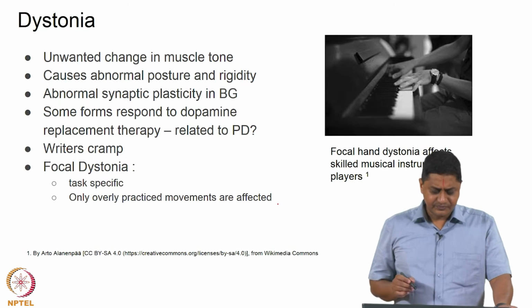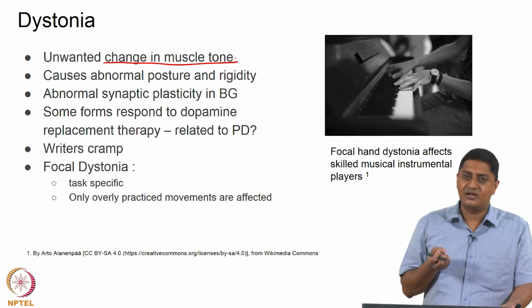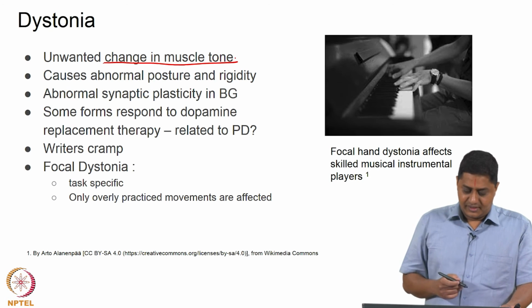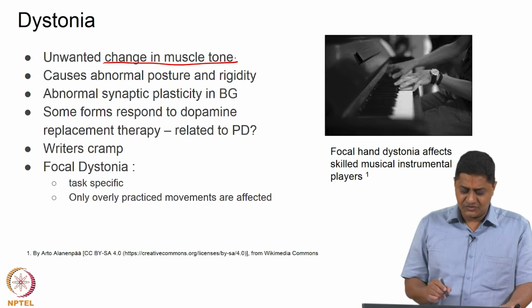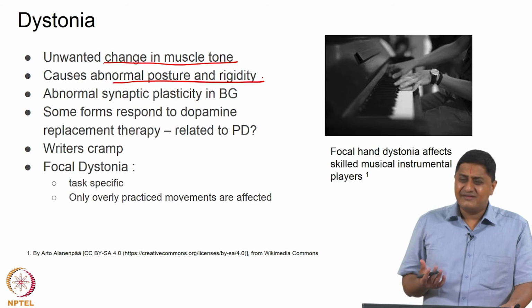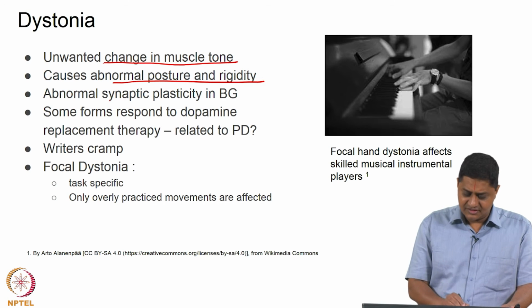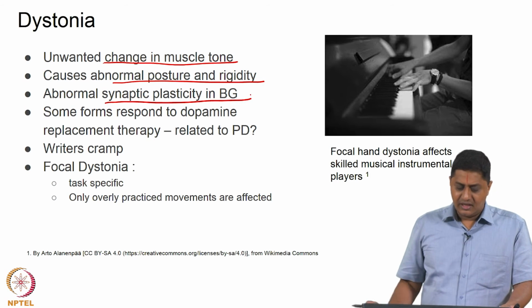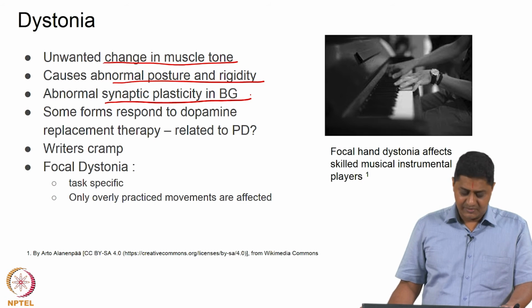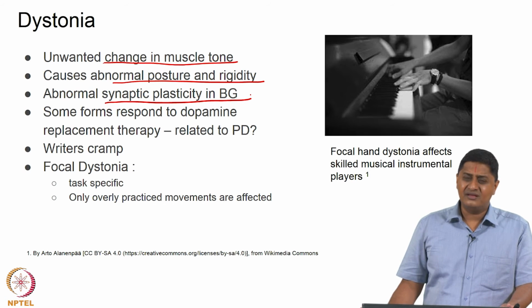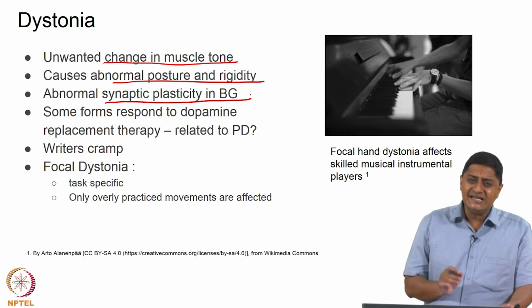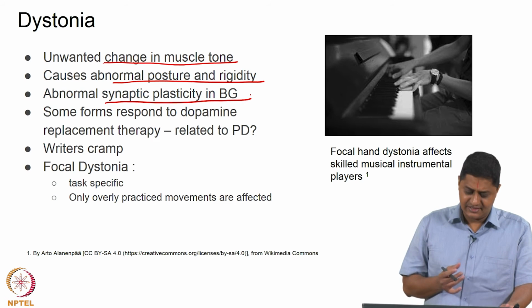Then dystonia, which is an undesirable amount of muscle tone, more than required. This leads to abnormal posture and many times rigidity. The hypothesis is that this is caused by abnormal synaptic plasticity in the basal ganglia. Then the question is, how exactly is the basal ganglia implicated in this disease?